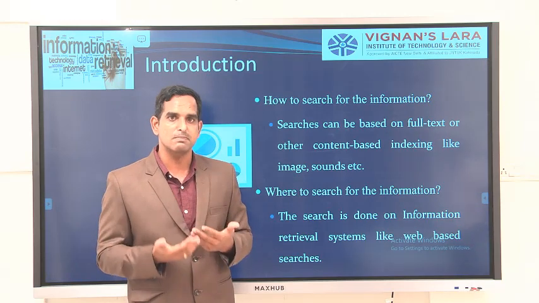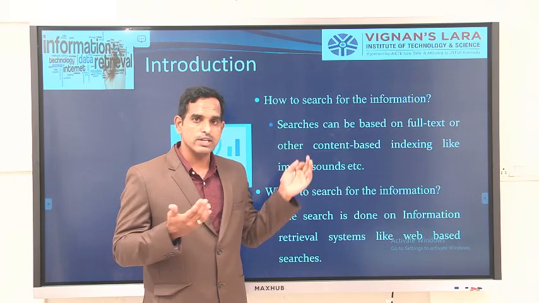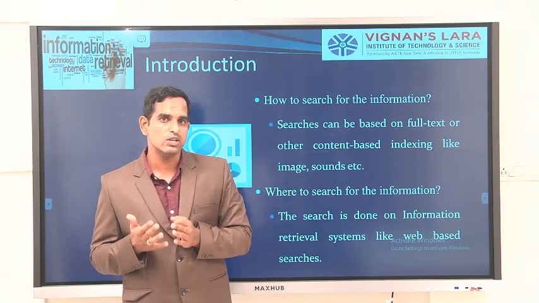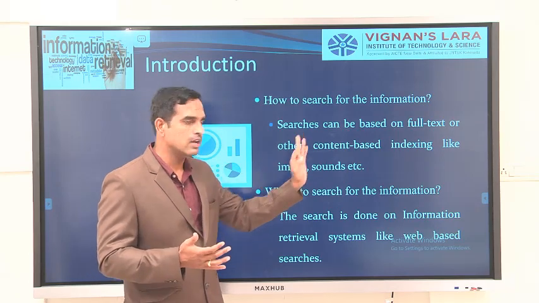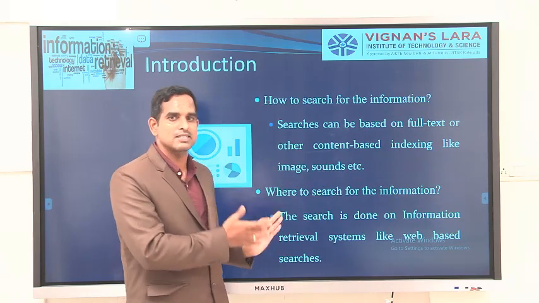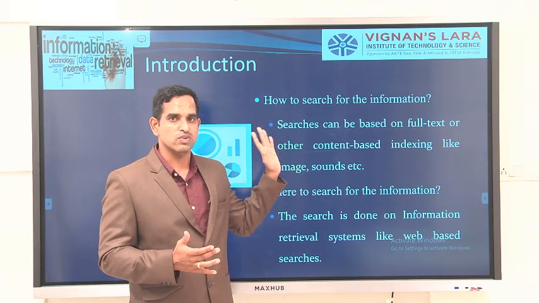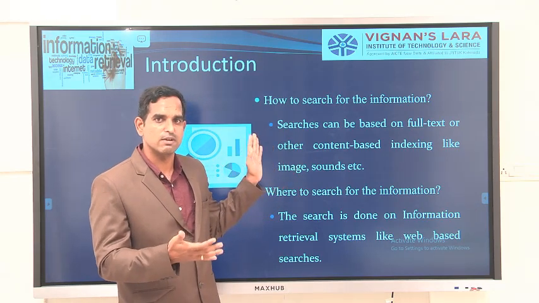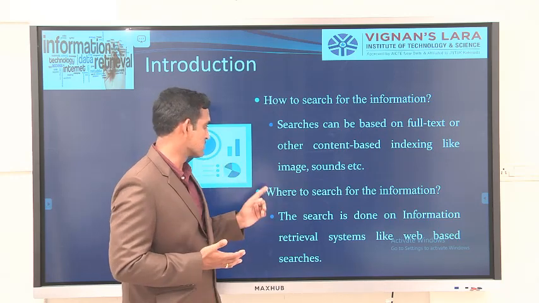That is a context based search. So this is how you are going to search for the information. Either a full text based search, or a context based search like an image search or a video search. Either you do a text search or you do a context based search.